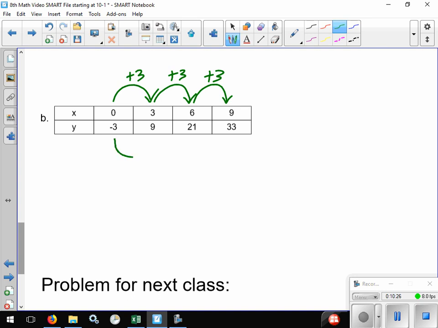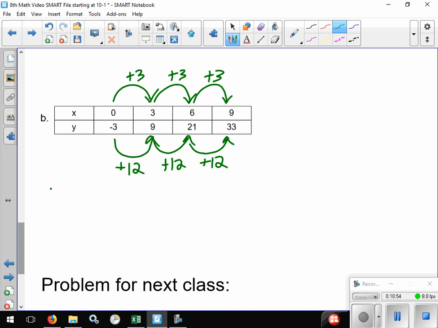Now we're going from negative 3 to 9. How much does it take to go from negative 3 to 9? Well, actually, it's plus 12. Okay, and then from 9 to 21, again, it's plus 12. And then 21 to 33, it's plus 12.